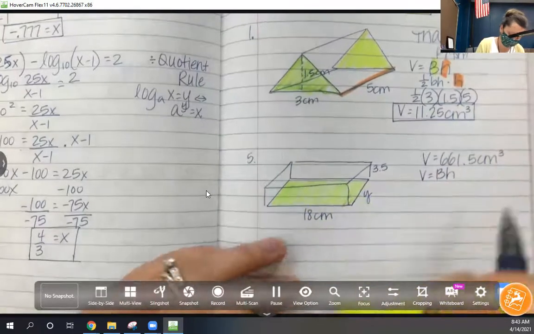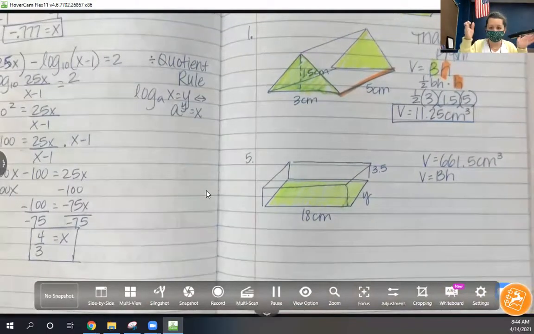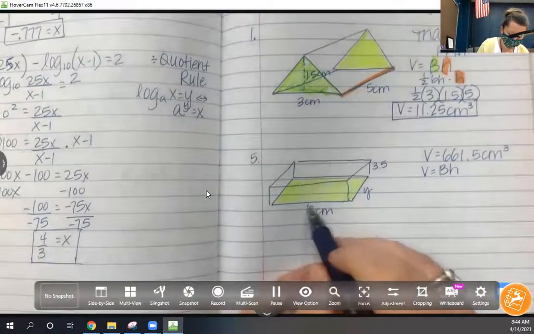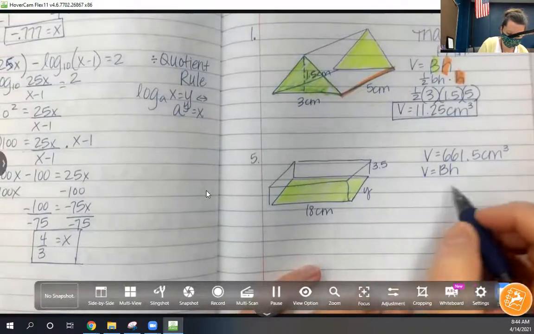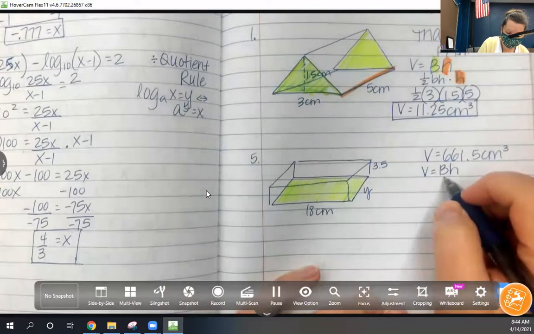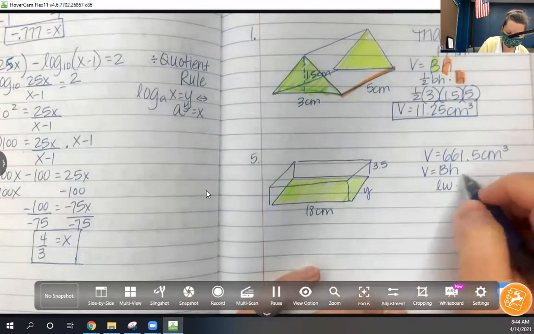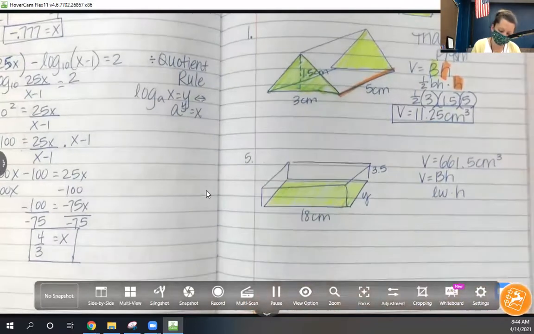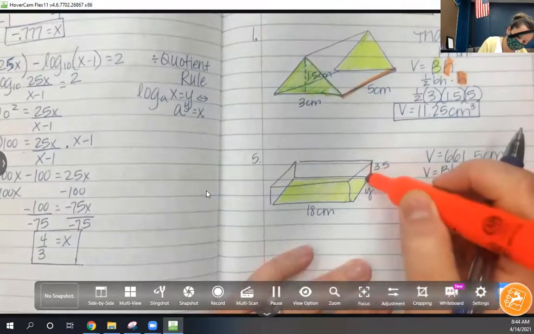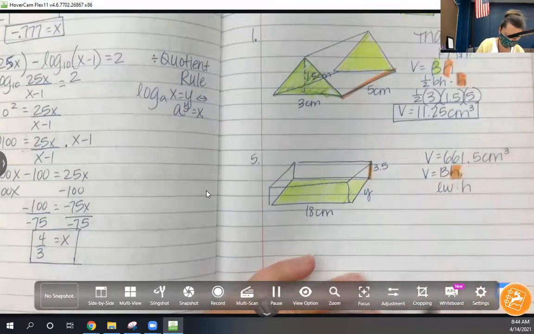It's actually sitting on the base this time. For a rectangular prism, you can use any one of the rectangles as your base because they all repeat and could sit on the bases, but we'll use this bottom one here. The base area of a rectangle is length times width, and then we're going to multiply the height of the figure on the end of that. So here's our height of the figure. We'll highlight it.